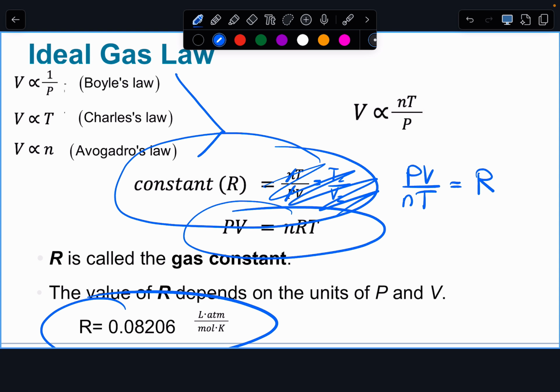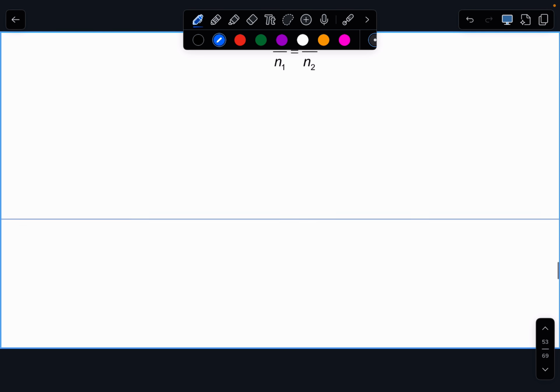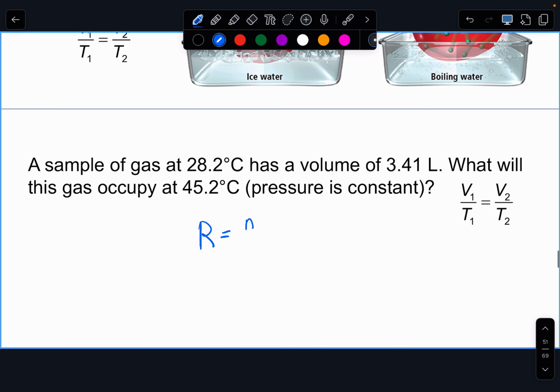Okay, so again, I would pull out V and T, and I would get V over T equals V2 over T2, or 1 and 2. Okay, and that's how I would do a problem like this, because you're not going to be given each of these individual equations.